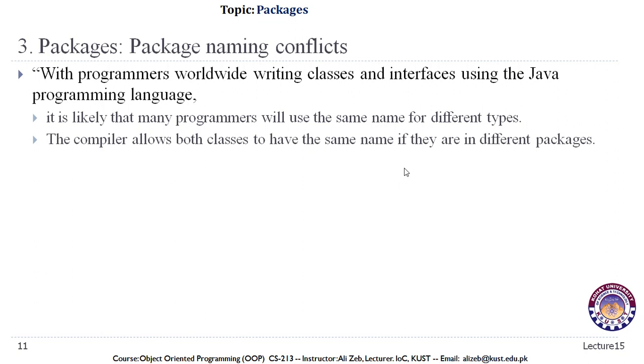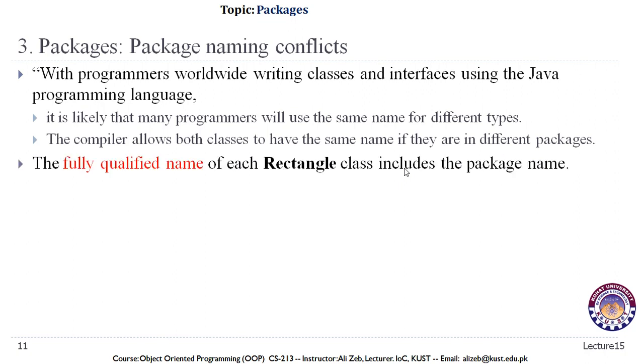The compiler allows both classes to have the same name if they are in different packages. So if you are creating two different games, and both of the games have a car, you can have a Car class in both of the programs if you use different package names.